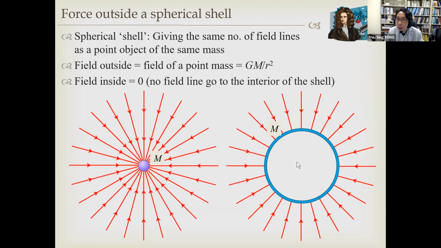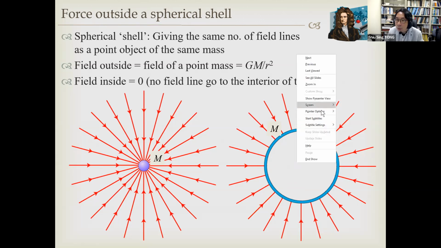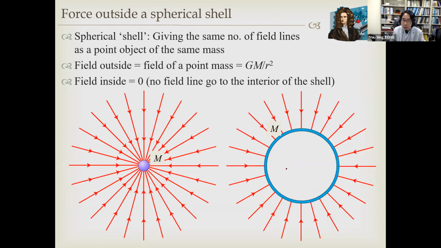And so inside the shell, what I would have is a zero gravitational field. The G or the force F would be 0. I do not have any field inside. That is the only possible conclusion.